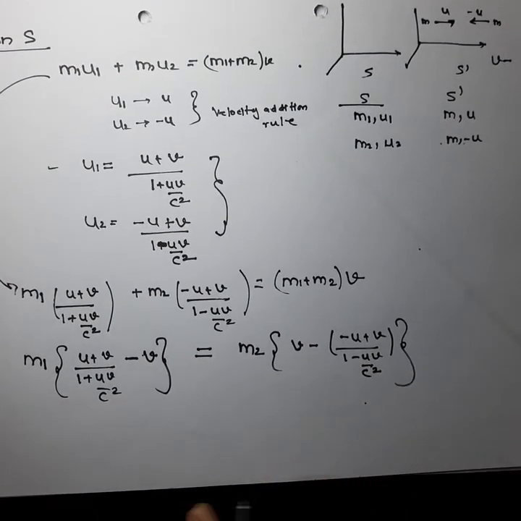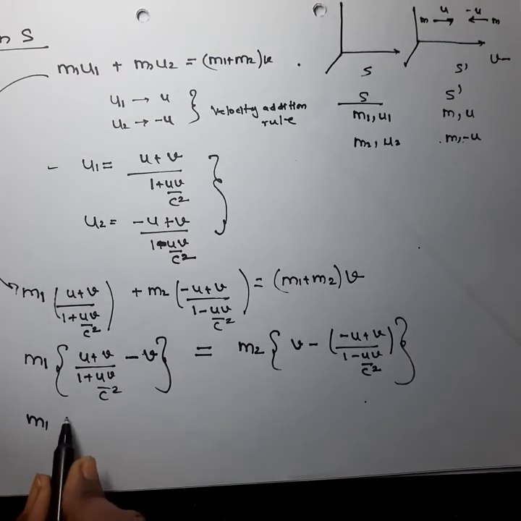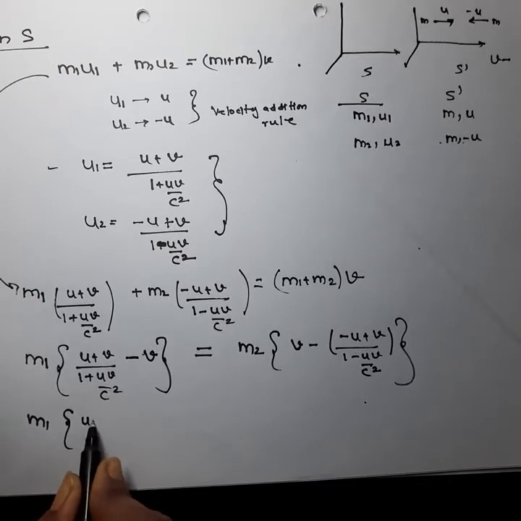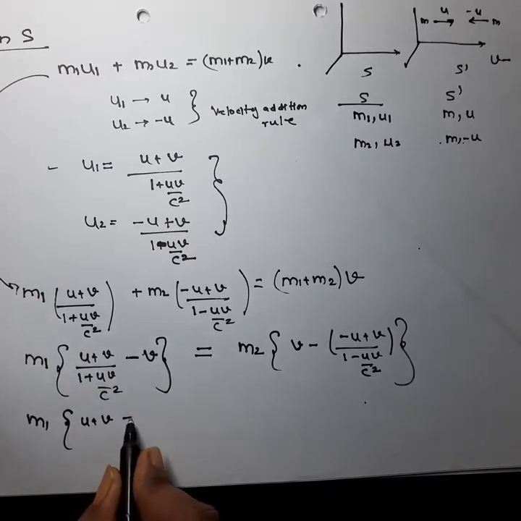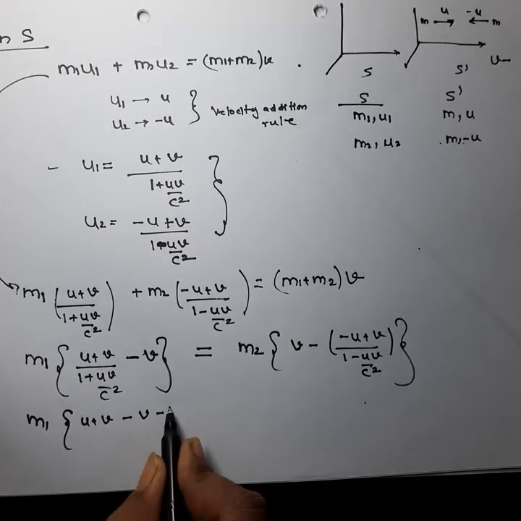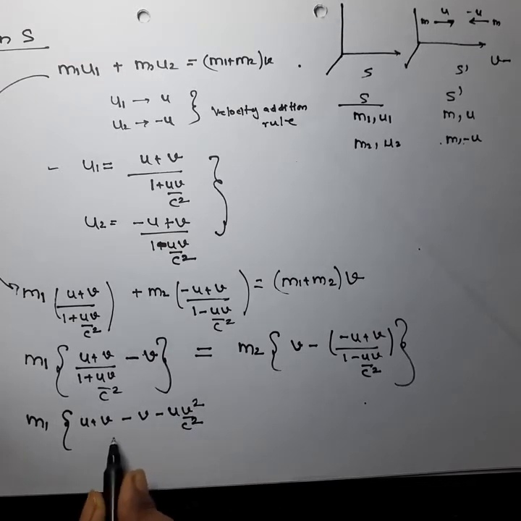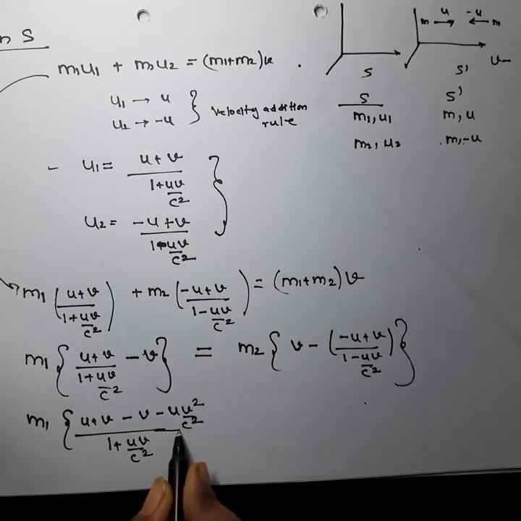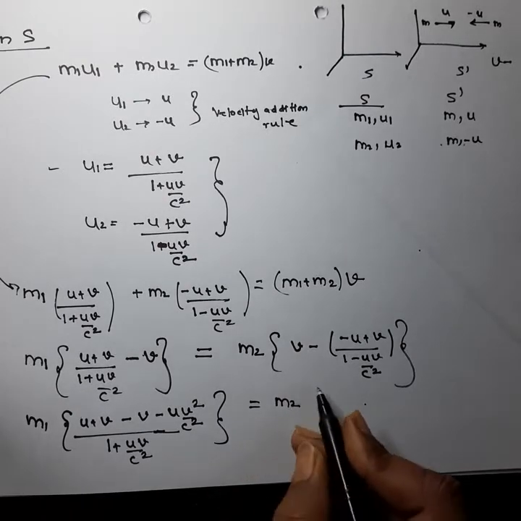So let's further simplify it. You can write m1 times u plus v, and when you multiply with this you will get minus v minus uv square divided by c square, all divided by 1 plus uv by c square. Similarly on this side you can write.